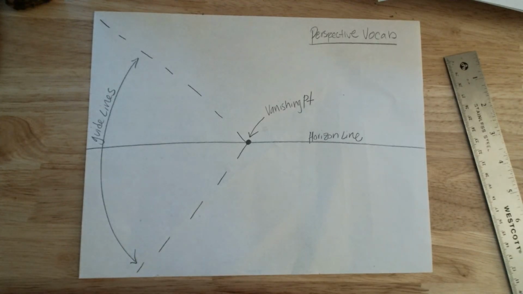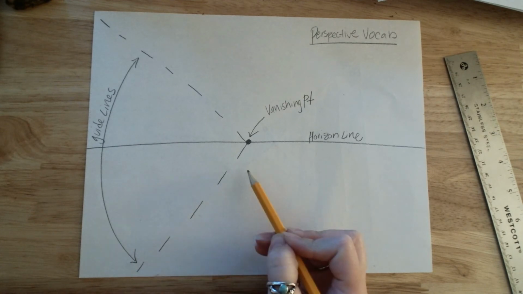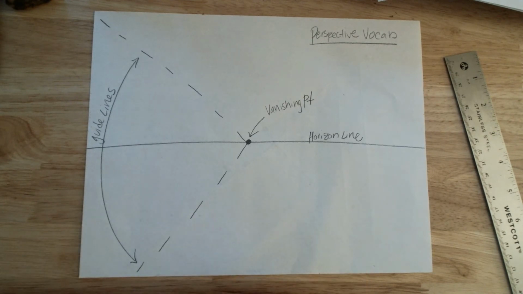Whenever we make a diagonal line that goes towards the vanishing point, we're going to call those guidelines. The reason why we made our guidelines dashed in our notes is because whenever I tell you that we're going to be creating a guideline, that means that we're going to be using it to guide where we should go, and then we're going to erase it when we don't need it anymore. It's going to help us to guide how to draw things, and once we're done using it, we're going to erase it.